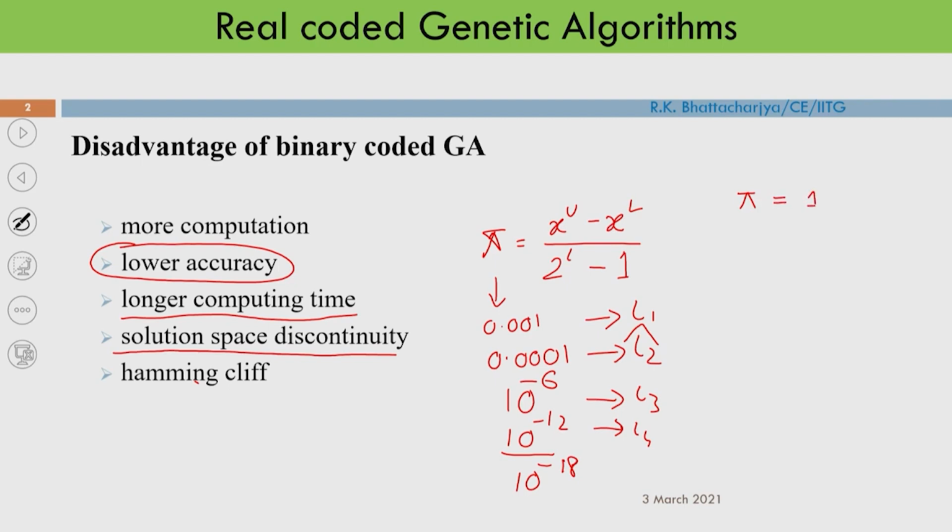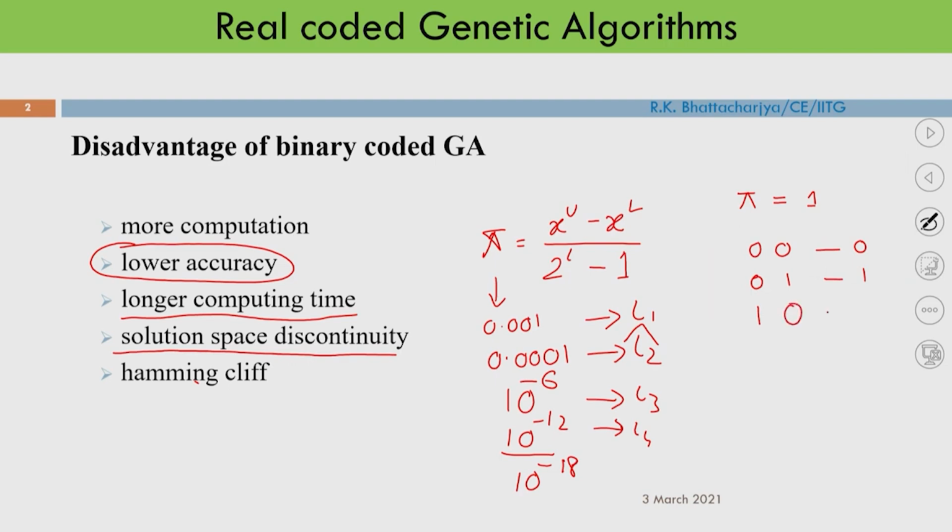Then 0 0 gives the value 0, then 0 1 gives 1, then 1 0 is 2, and 1 1 is 3. So if I take Δx equal to 1, that means my precision is 1, and if I am taking 2 bits, then these are the possible values.